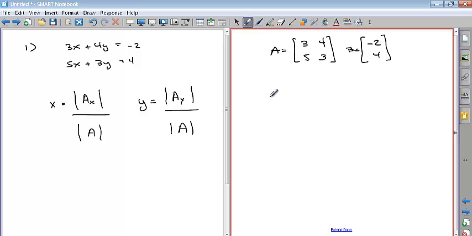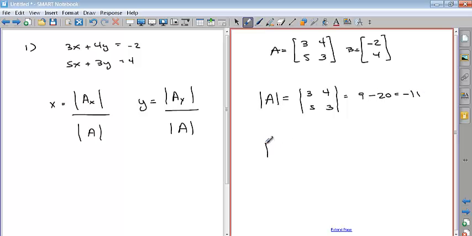So let's find the determinant of A. You take the original matrix and, instead of square brackets, you use straight lines to designate the determinant. In this case, it's 3 times 3, which is 9, minus 4 times 5, which is 20. So that's equal to negative 11.